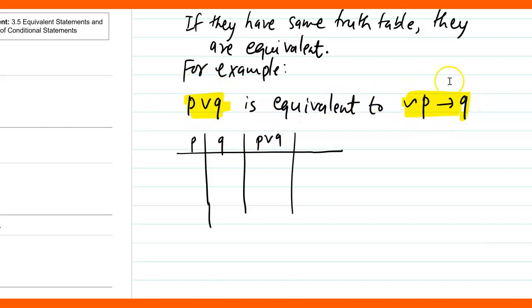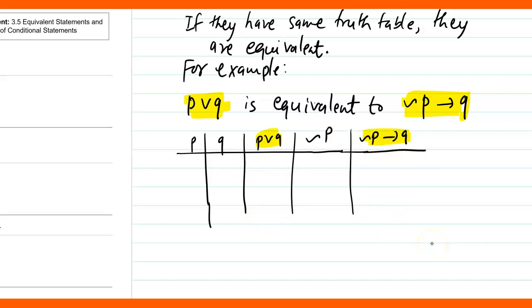To find the truth value for this statement, not P is needed, therefore I need a column for not P, and finally a column for not P right arrow Q. Basically we're looking at these two columns to see if they have the same truth values, and if they are equivalent.